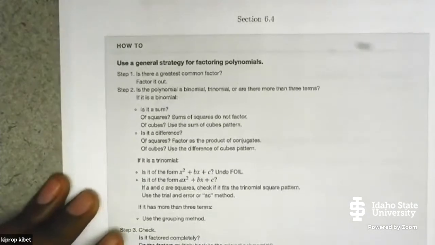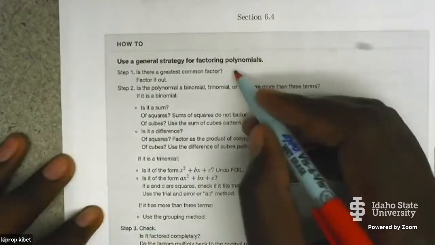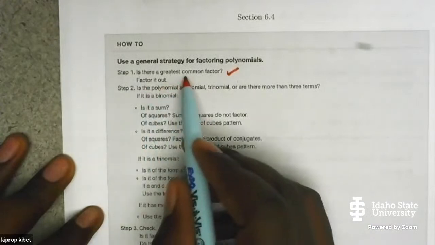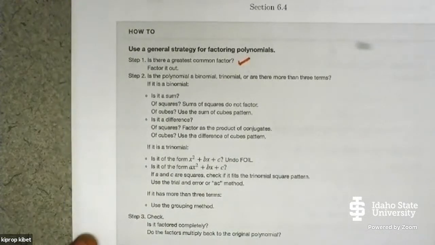How do we factor the polynomials? There is a general strategy for factoring the polynomial here. Number one, is there any greatest common factor? So what you do is you look for the greatest common factor to see whether there is one there. Then you factorize.